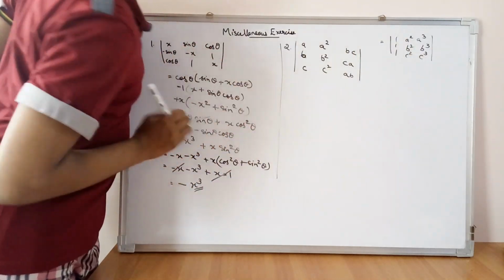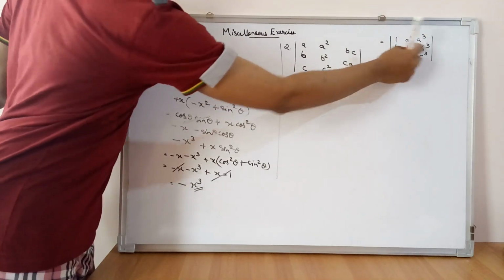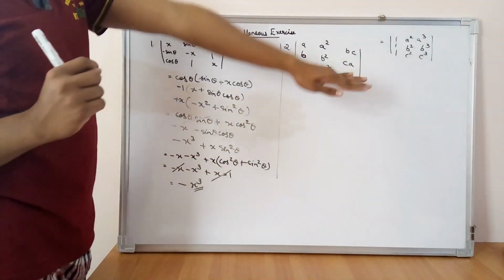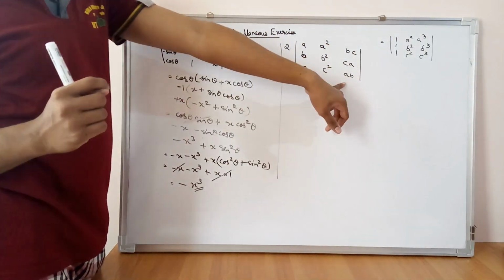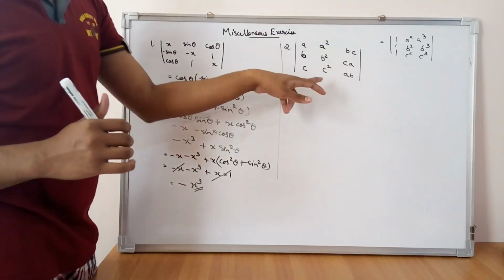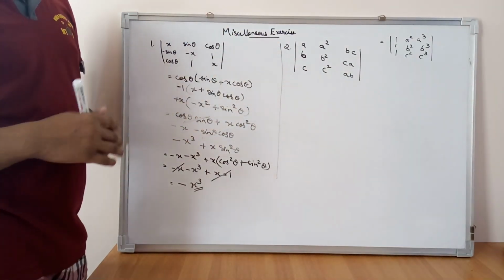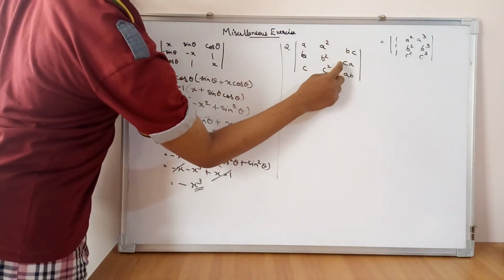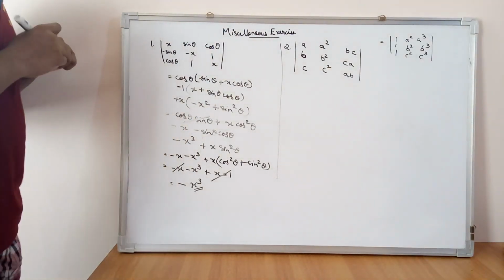In the first line we have a only, we'll leave that one over there. We have only a terms, here only b terms and c terms. So here a term is missing, here b term is missing, here c term is missing. We have no problem with the second column here. The first column somehow we need to change later. So we need to bring one a here, one b here, one c here. That's all we need to do.